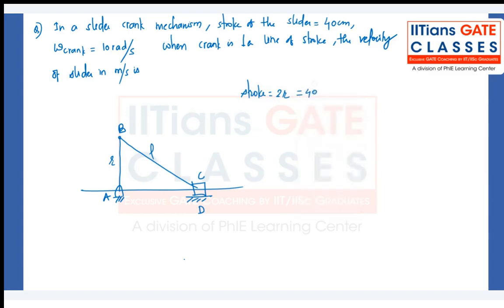So this implies how much R is given to you? 20 centimeters, which is 0.2 meters. So this is the given data. With the help of this given data, try to find the velocity of slider. You can draw the velocity diagram and get it.